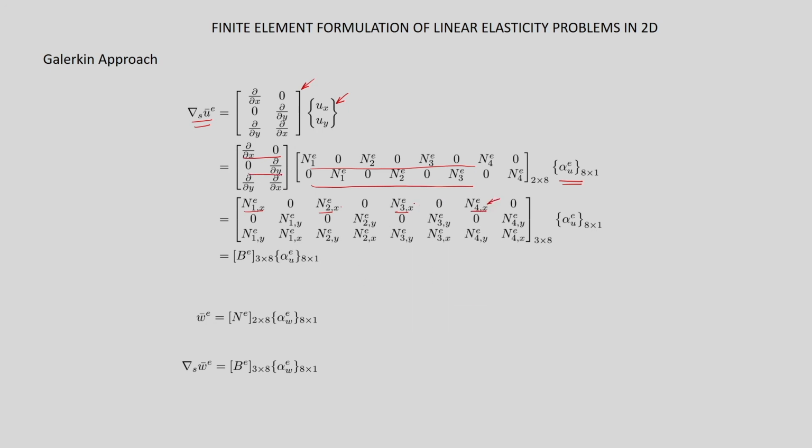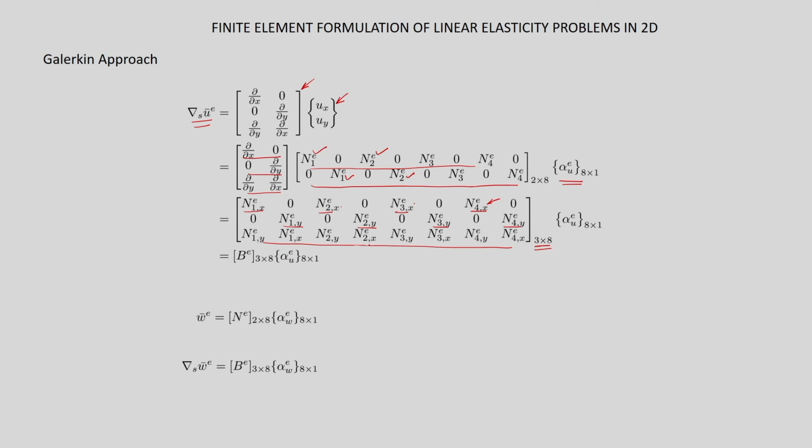Similarly, the second row is basically taking care of the derivative of the shape functions, but with respect to y. Alright. Then the third row we have all the components. First it is with respect to y, the second term with respect to x, and so on. So, that is how we get this matrix. Now, this matrix is of size 3 by 8.